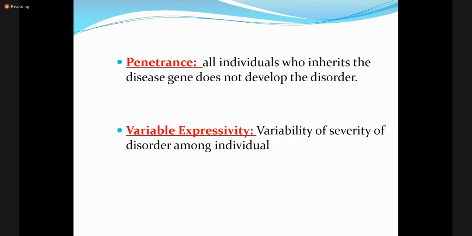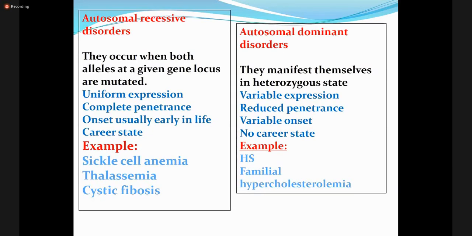All individuals who inherit the disease gene do not develop the disorder. Penetrance is a different term, expressivity is a different term. Penetrance means all individuals who inherit the disease gene do not develop the disorder, while expressivity is the variability of severity of disorder among individuals. Okay.